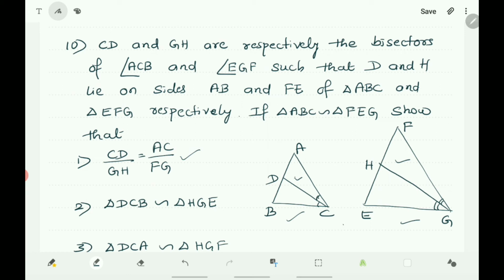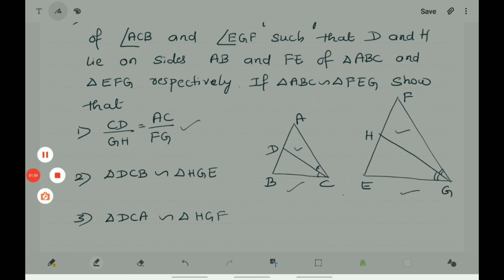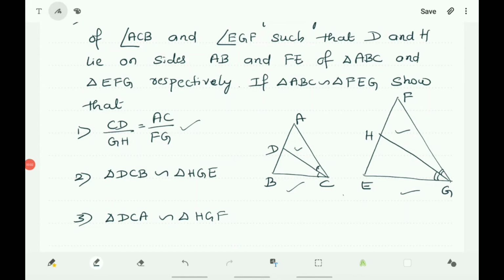After proving that, you will get the ratio. Verify that CD is a side of the triangle ACD and GH is a side of the triangle HGF, and also AC is a side of the triangle ACD and FG is a side of the triangle FGE. So, you must prove that the two triangles are similar.